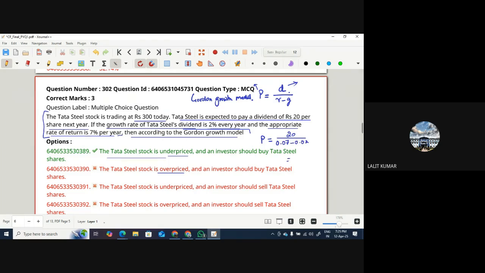So this will become 20 over 0.05, which becomes 400. So your stock price as per the Gordon growth model should be 400. However, it is 300. So in this case, it is inferring that the stock is underpriced, and the investors should buy the Tata Steel shares. Is this okay? This formula? Yes, sir.